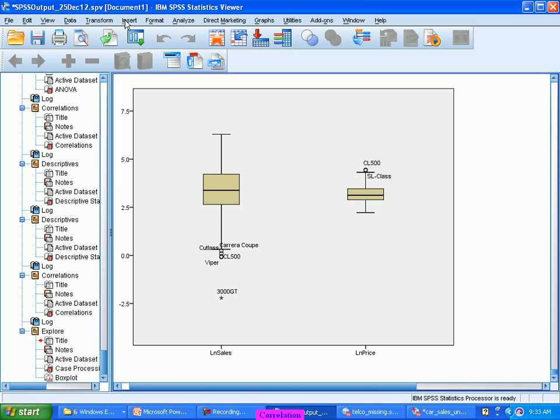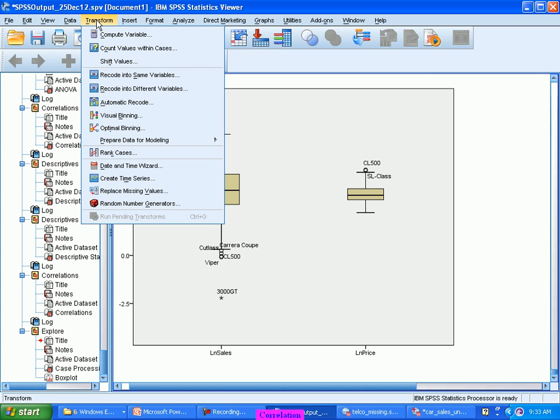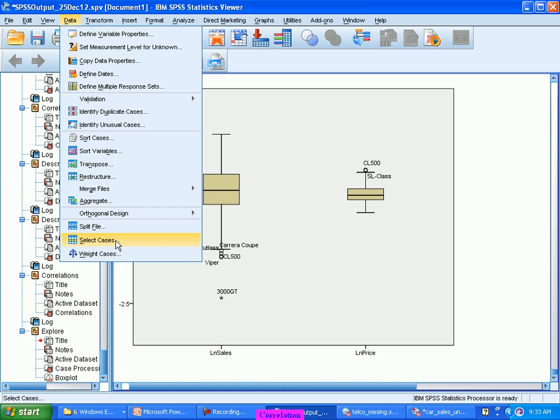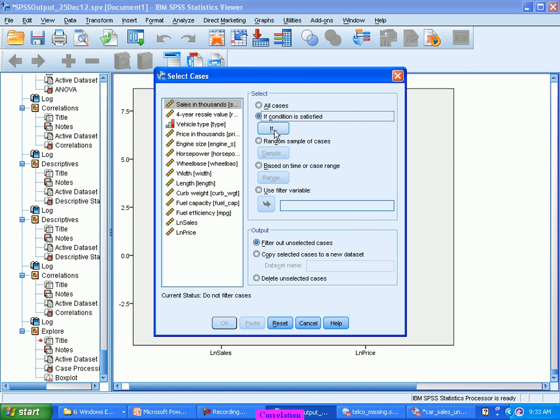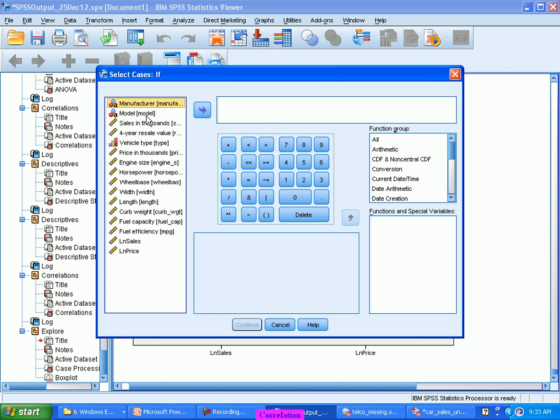So for that I am going with select cases. Instead of all, I'll say the model not equal to 3000 GT, because there is a name that is associated.